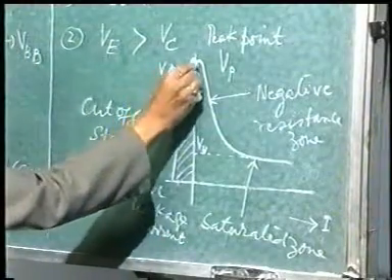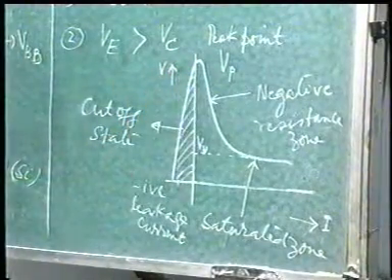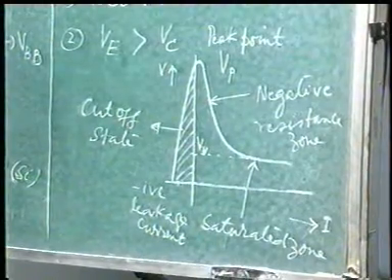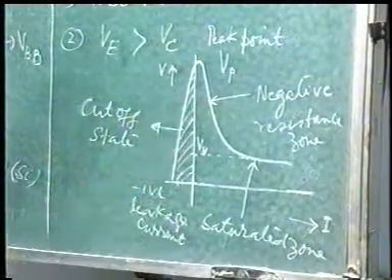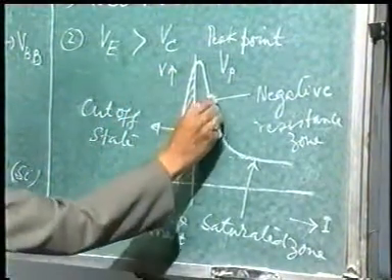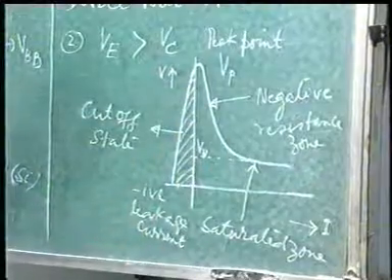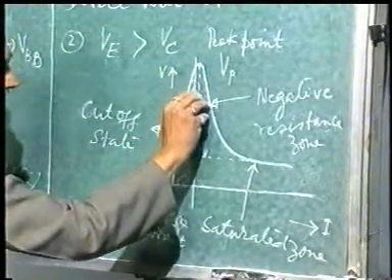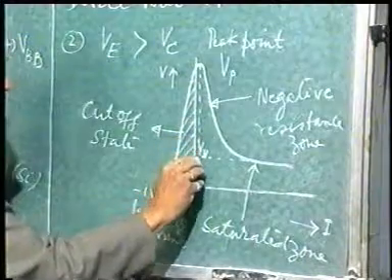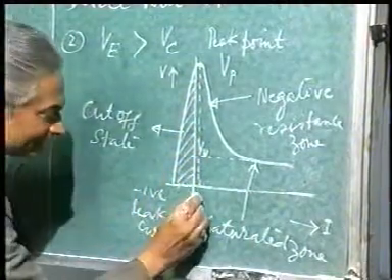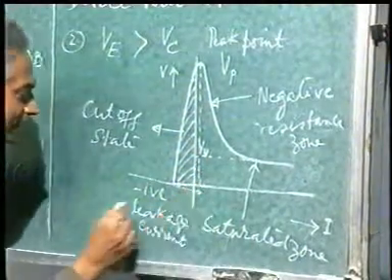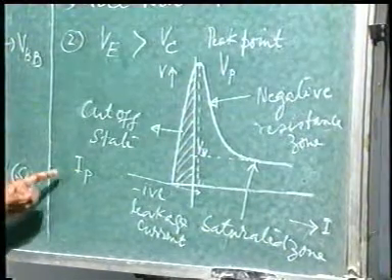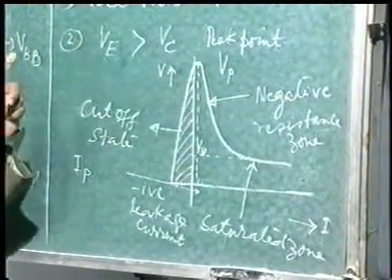Number two, it starts conducting at this point which is known as peak point, corresponding voltage is peak point voltage, but it conducts in a negative resistance fashion, and this zone is known as negative resistance zone. And of course the corresponding current, although this is very small, is known as peak point current. Although the name is peak point, the value of the current is very small.